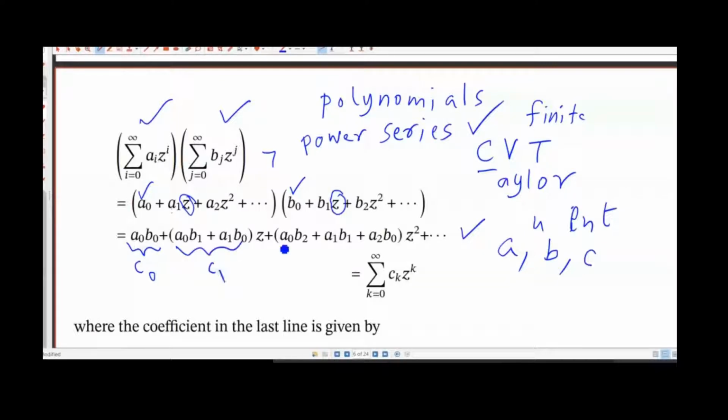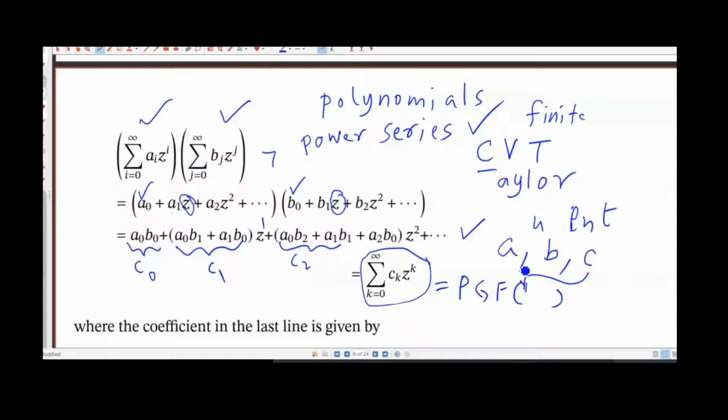I'm calling this C2. So I want to write this in the form of another power series. So I know this must be the PGF of this new sequence. Are you with me?